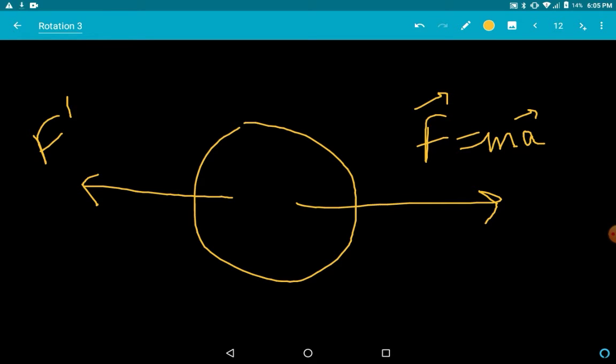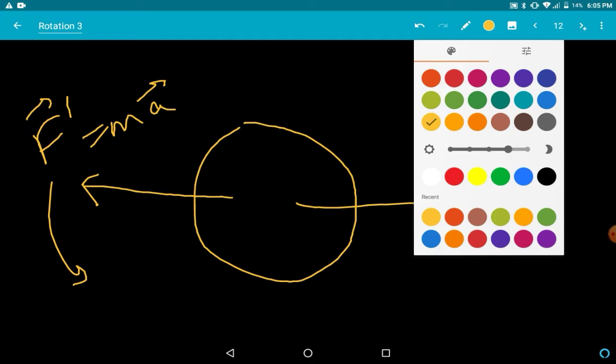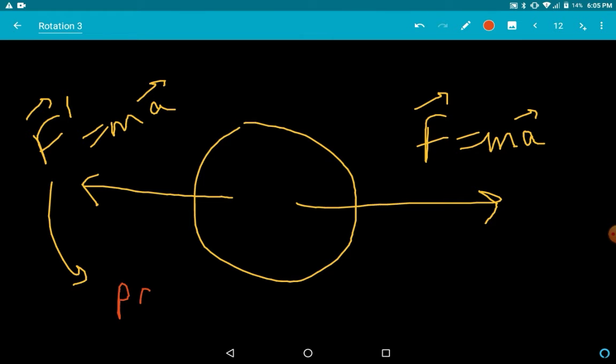This force F dash is same in magnitude, and this force is known as the pseudo force.